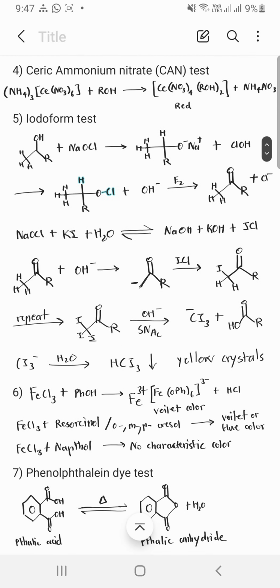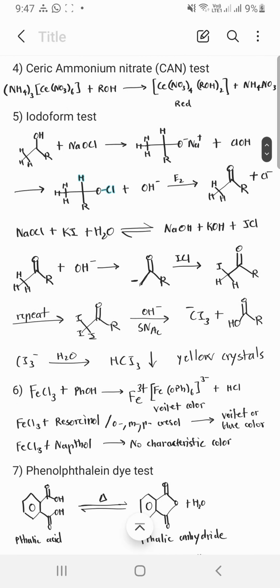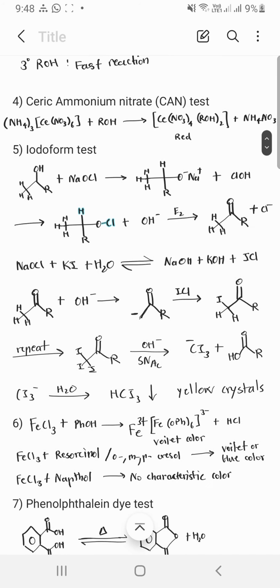Then the iodoform test, it forms yellow crystals that go down, it's a precipitate. Yeah, it's not bad. You can use different reagents to create iodoform. So, the conditions for that iodoform reaction are basically I2 and OH minus.